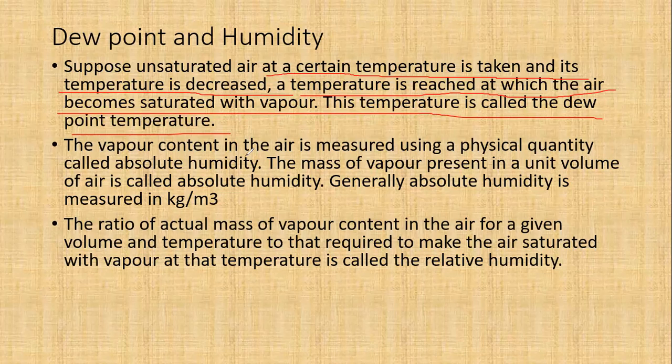The vapor content in the air is measured using a physical quantity called absolute humidity. The mass of the vapor present in a unit volume of air is called absolute humidity.